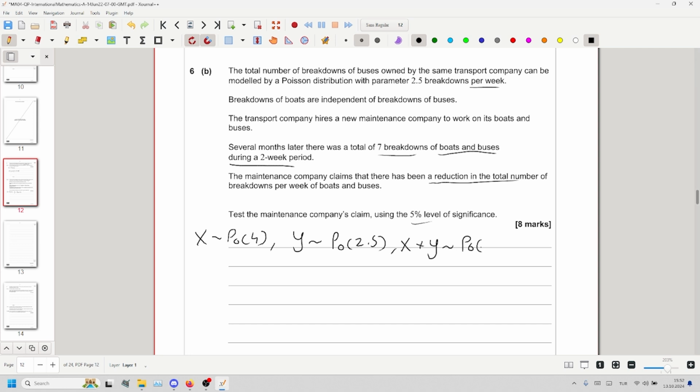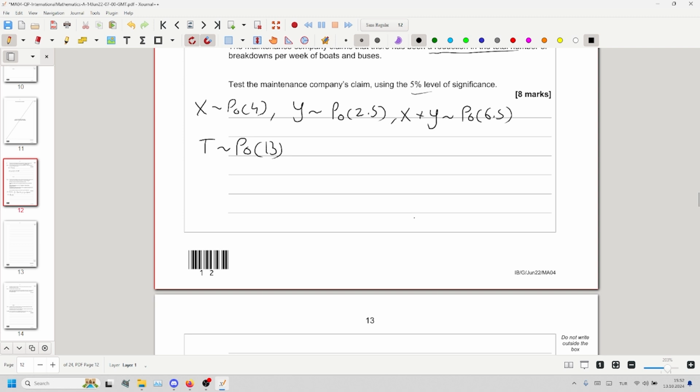That would be Poisson 6.5. And we need the total number of breakdowns during a 2-week period, so that would be double that. I'm just going to let t be the total number of breakdowns of boats and buses during a 2-week period, so t is Poisson 13.